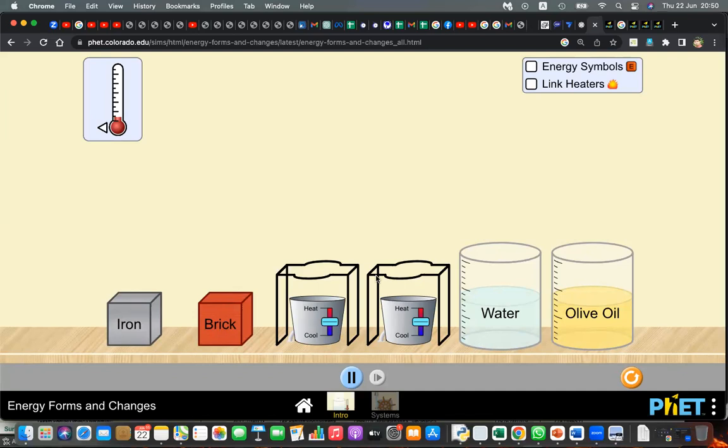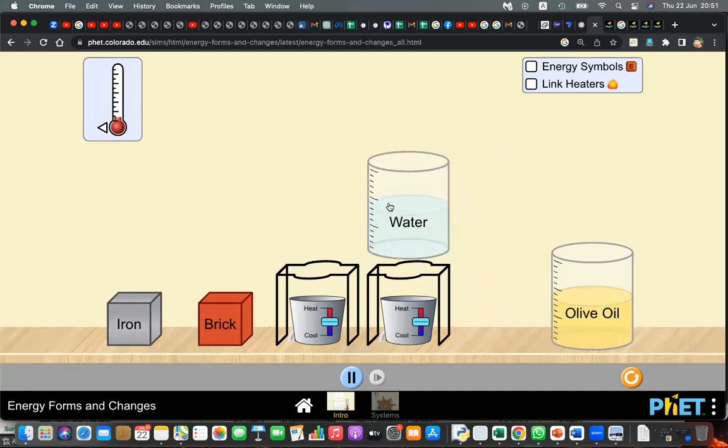And then let's put water. When you heat this, what will happen? At a certain temperature, you can see it will indicate that the temperature is rising.